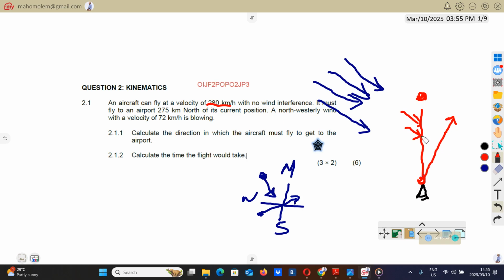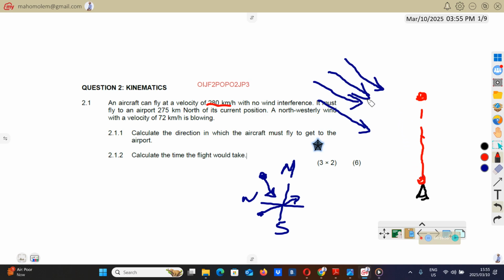Therefore, for this airplane to move straight, we have to set this airplane in this direction, against this direction.